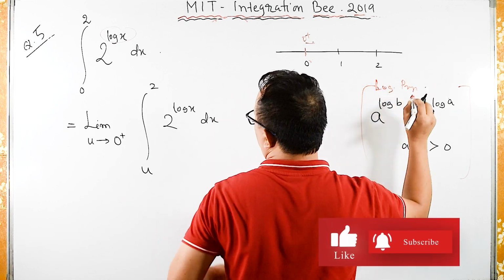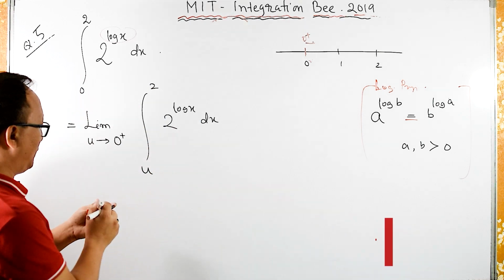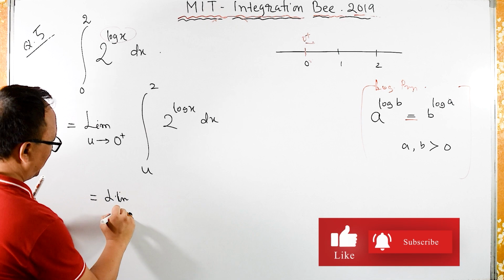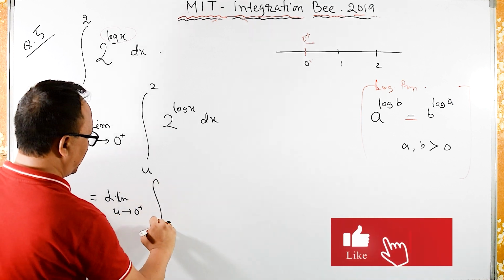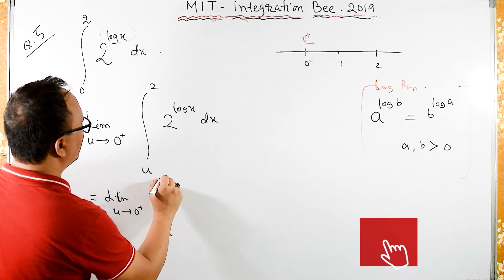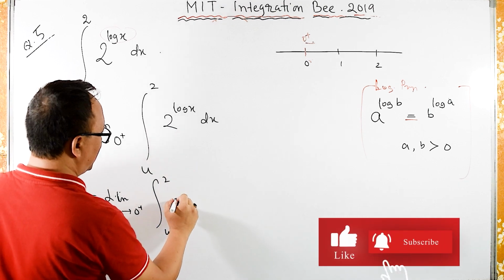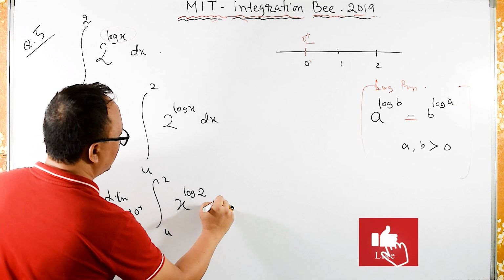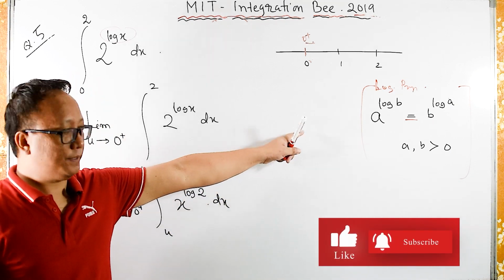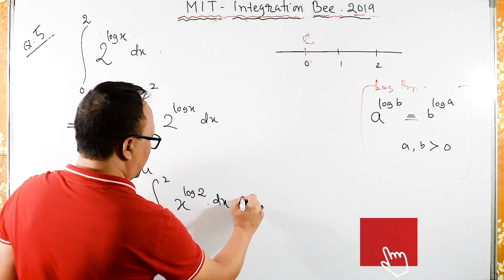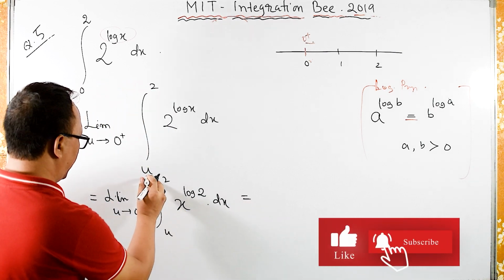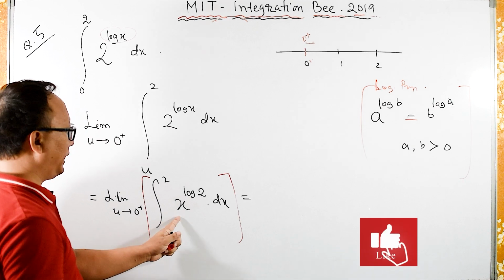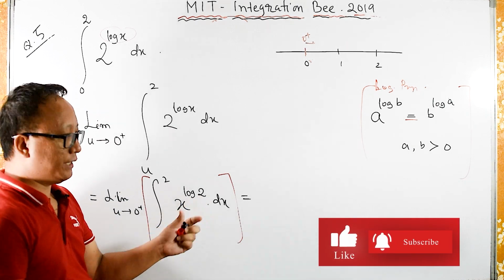So now if I apply this formula, this is the same as limit of u tends to 0 plus, integral from u to 2, and I can write this as x raised to log of 2 into dx by this property. So let's integrate this, something like x raised to n. Here log 2 is constant.